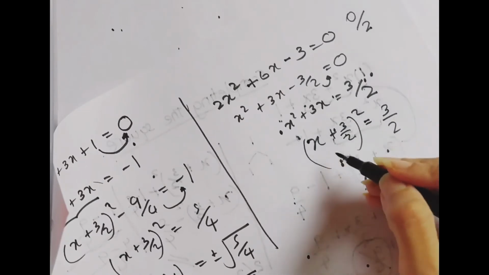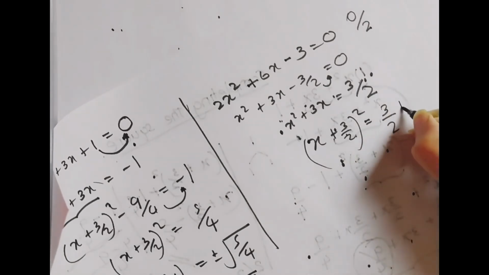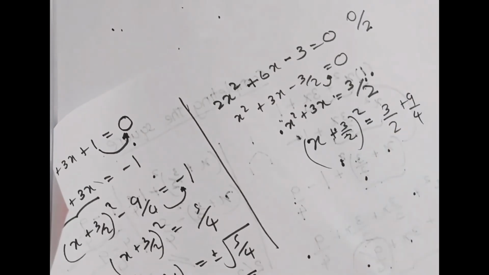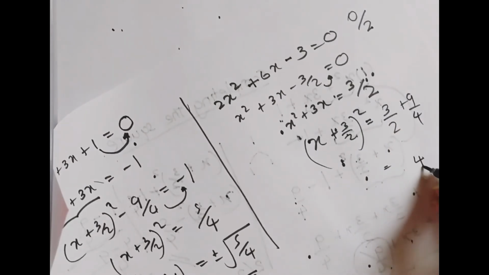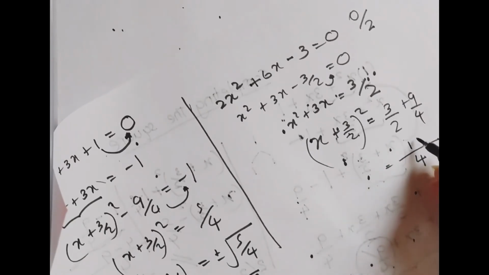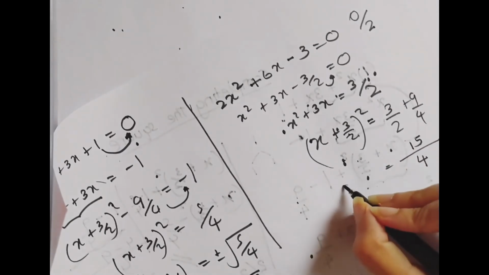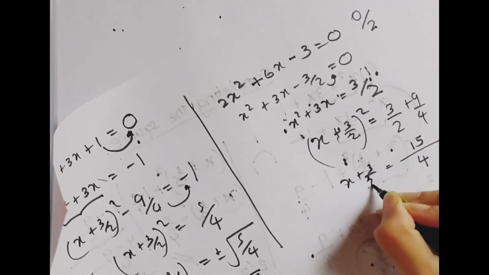I can take minus 9 over 4 to the other side, right? Then it will be plus 9 over 4. Then take 4 as the common denominator. So this is 6. 6 plus 9 is 15. Equal to x plus 3 over 2 whole thing squared.